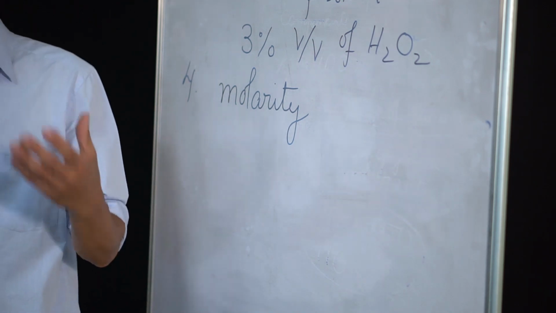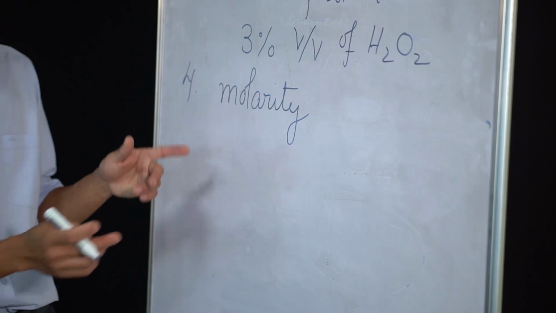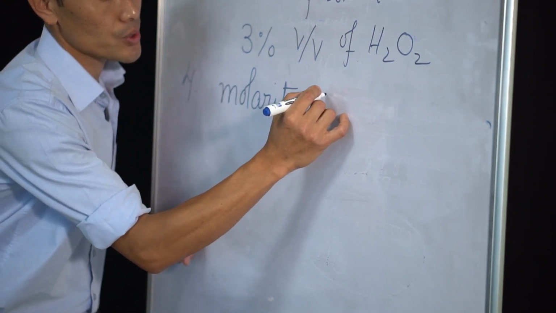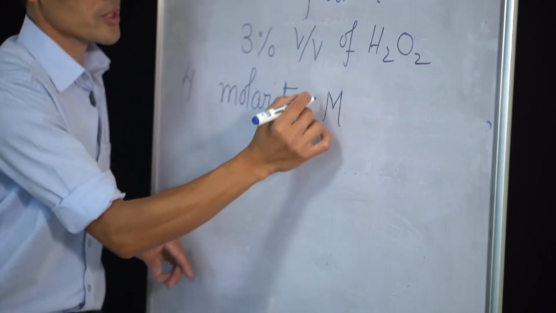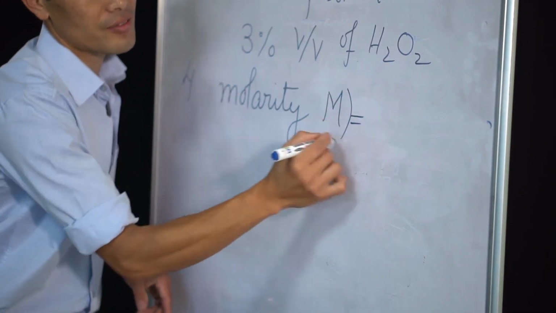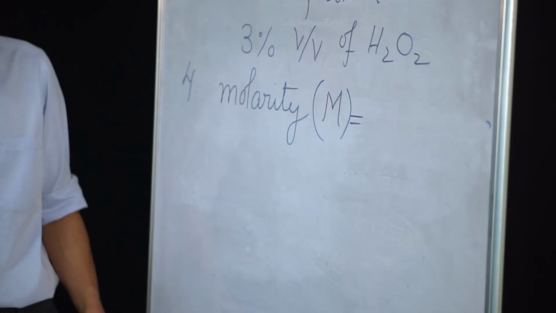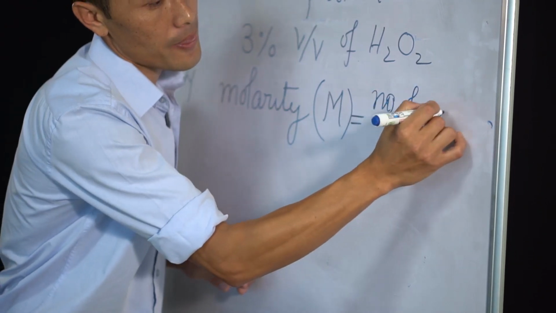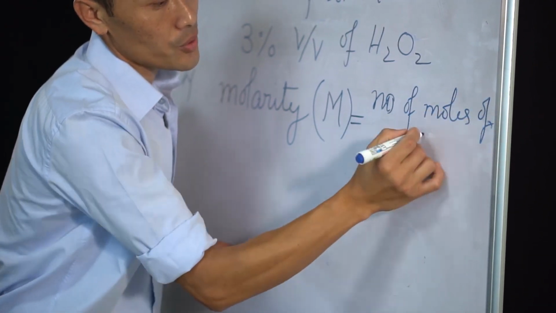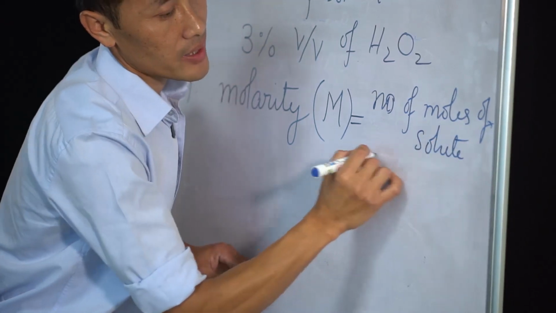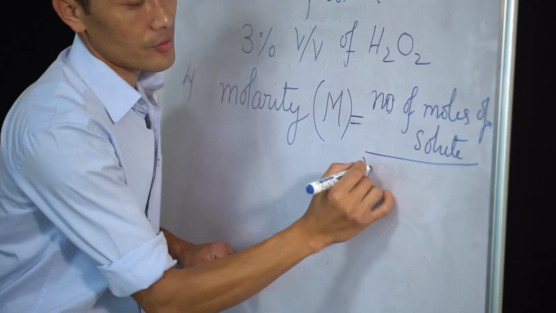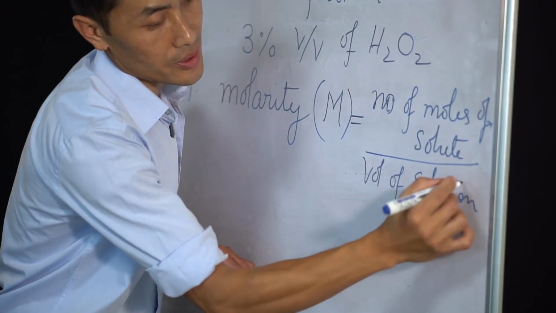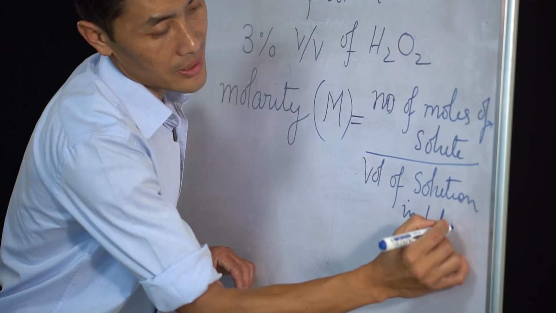We use capital M to express molarity. Molarity of the solution will be given by number of moles of solute divided by volume of the solution in liters.